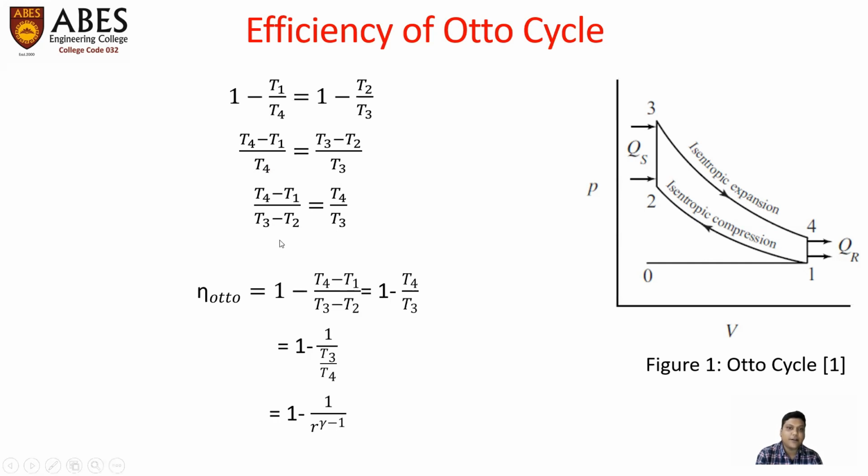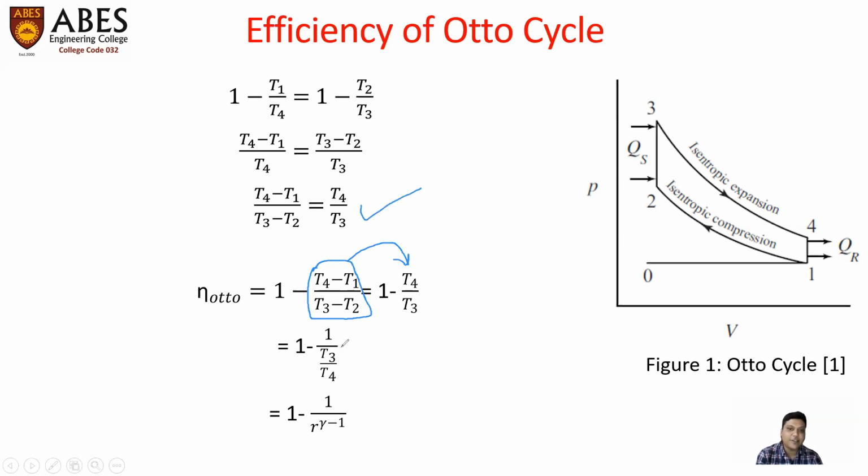We found this expression because in the efficiency of the Otto cycle, we have to determine the ratio of (T4 minus T1) divided by (T3 minus T2), and it has been replaced by T4 divided by T3, as we have seen from the above expression.